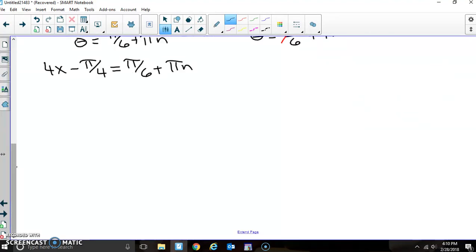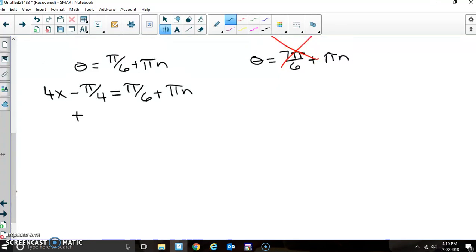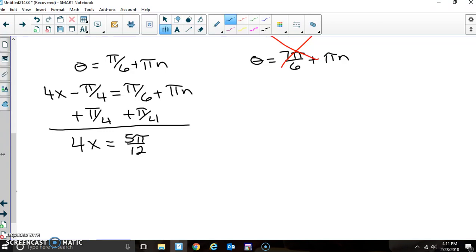Add pi over 4, add pi over 4 to pi over 6, we get 4x equals, all right, what's pi over 6 plus pi over 4? That will be 5 pi over 12 plus pi n.